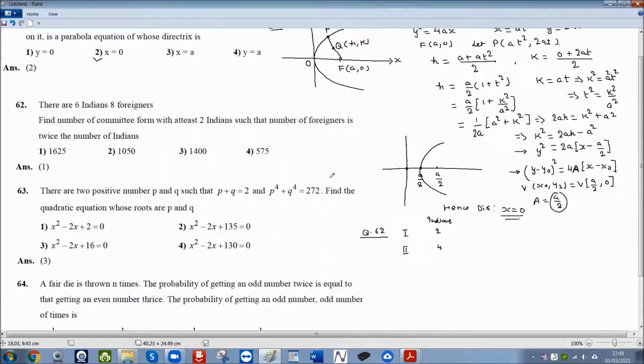So foreigners in this case are 4, and in this case there are 8 foreigners. So we can't go for Indians above 4 because the total number of foreigners available is 8. Now for this case, the number of committees that can be formed will be 6C2 into 8C4.